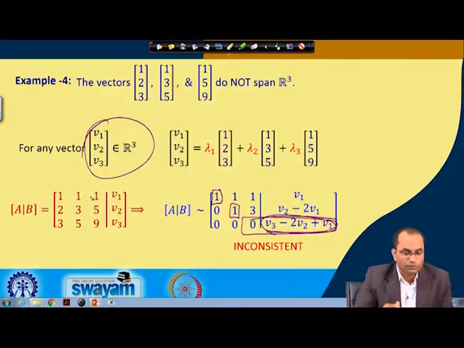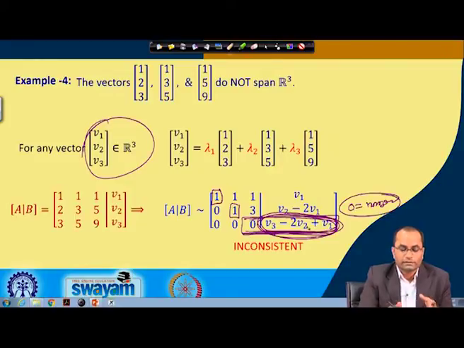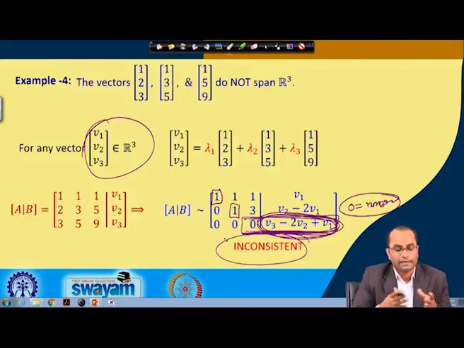We observe that this will be 0, while the right side will be a non-zero number in many situations, and then 0 is equal to something non-zero. So, this system we cannot solve for general V1, V2, V3 from R3. That means the system is inconsistent, and hence we cannot write the vector as a linear combination of these given vectors.